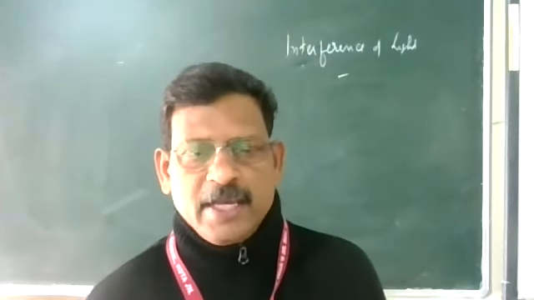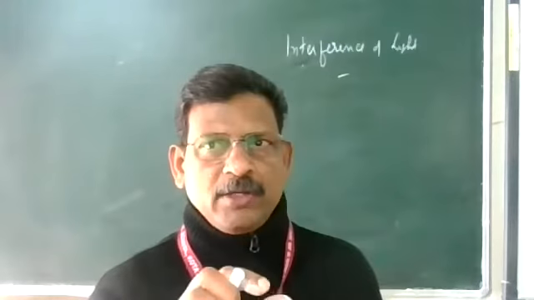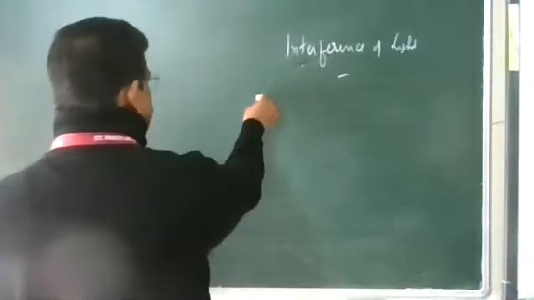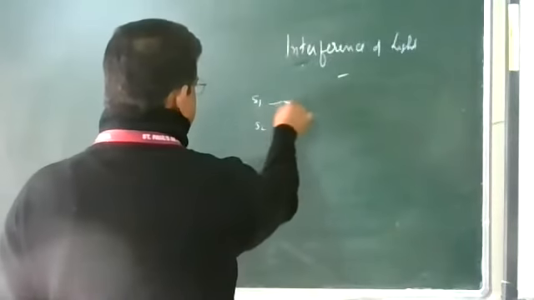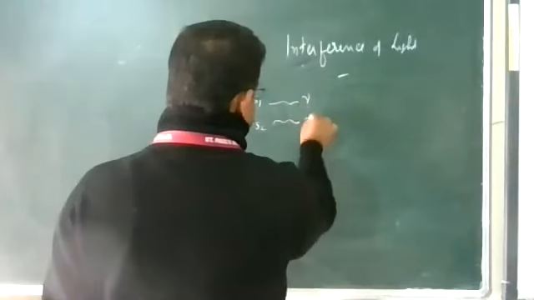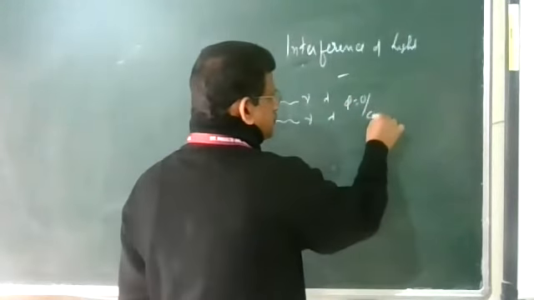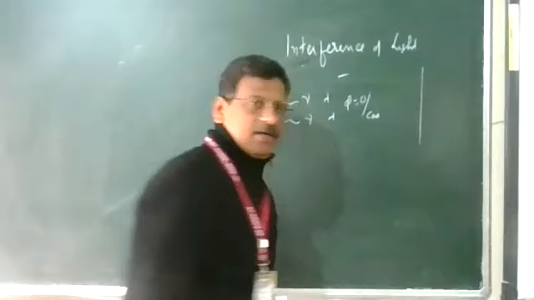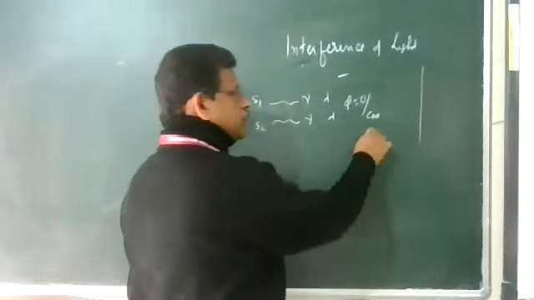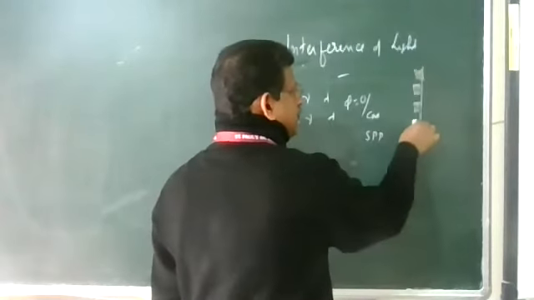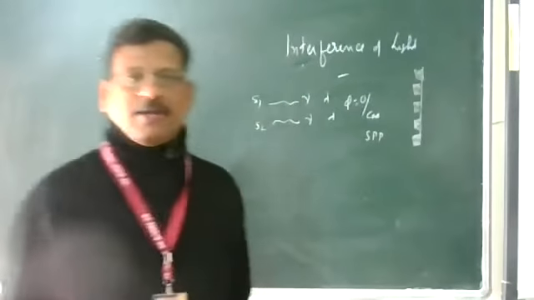Interference of light means when you have two coherent sources emitting waves of the same wavelength with a phase difference of 0 or constant, as they move they superpose each other at a medium to give maximum and minimum intensities.